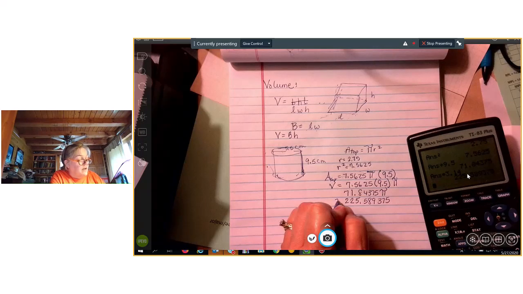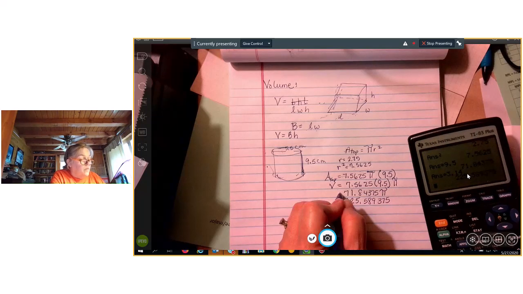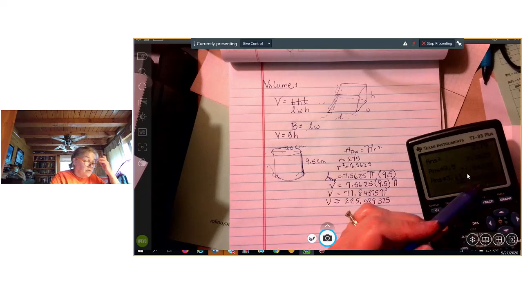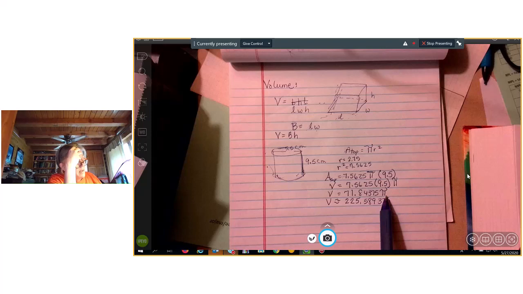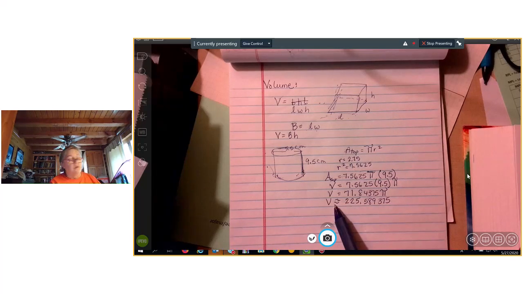And on your homework, it'll actually say round it to so many digits after you do it. So our exact answer here is when we multiply and just keep it times pi. Here is when we multiply times 3.14 to get our approximate answer.